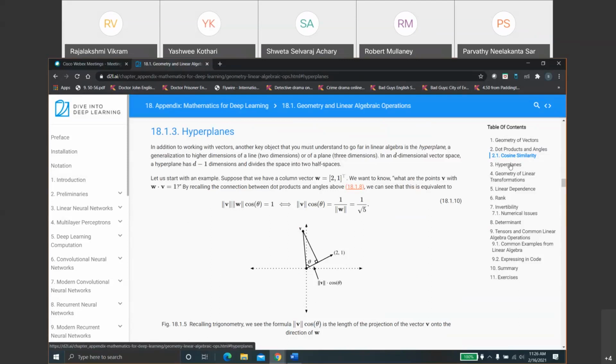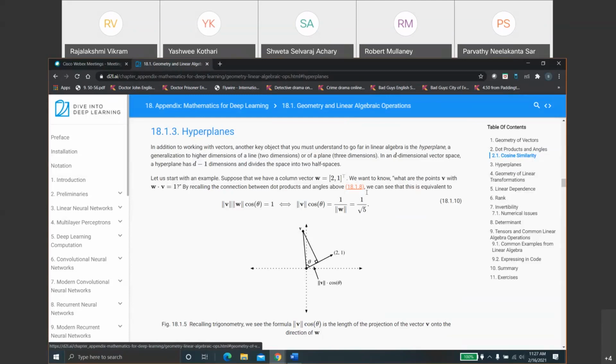This is used for classification purposes. In machine learning and deep learning algorithms, you compare a point with a hyperplane and see where it lies. So we can decide if point A lies in class 1 or class 2.